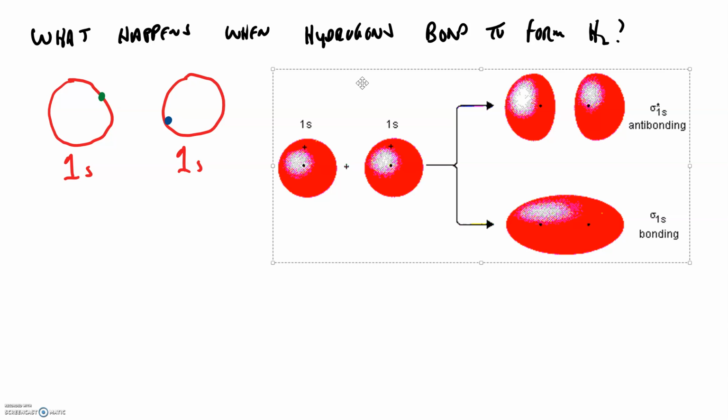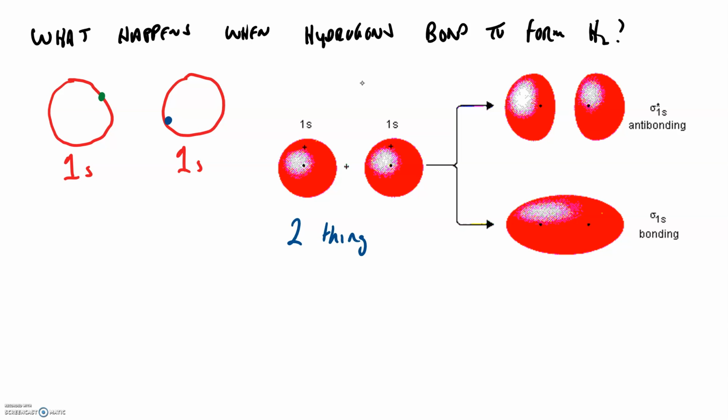And what happens is this. These orbitals, they're just spaces where we predict we could find an electron. And what appears to happen is that whenever these two orbitals mix to form one hybrid orbital between both atoms, one of two things happen.